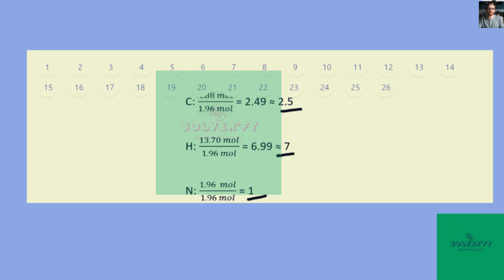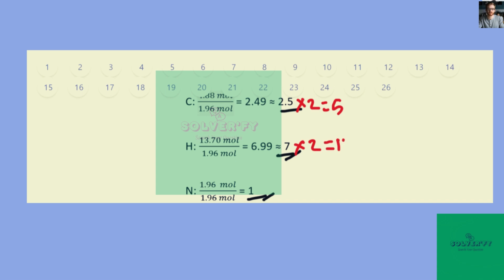So again, our hydrogen and nitrogen are whole numbers, but in the case of carbon, we have 2.5. If we want a whole number, we multiply by the smallest possible multiple to get the smallest possible whole number. If we multiply this by 2, we get 5, which is the smallest possible whole number. So we have to multiply each of the rest by 2 to keep the balance.